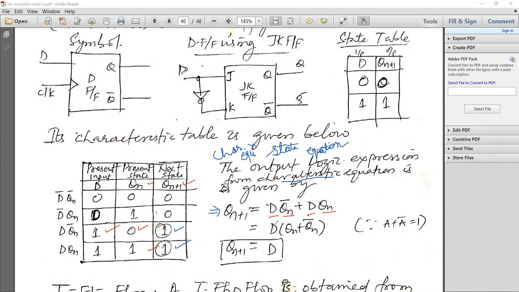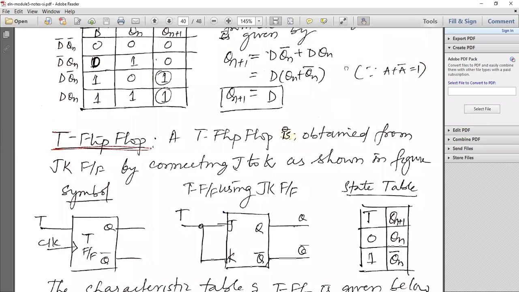D is common in both the terms, so take D out. So you get D times Qn plus Qn bar. The formula is A plus A bar equal to 1. So using that, we get Qn plus 1 equal to D. I hope you understood.